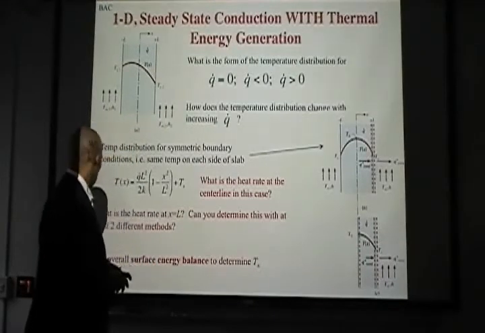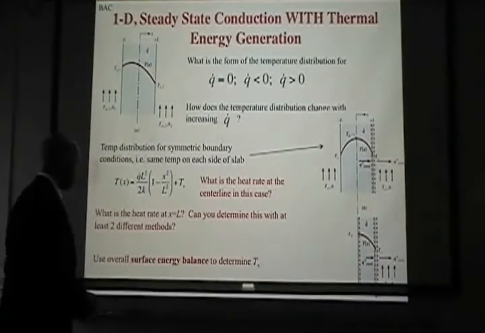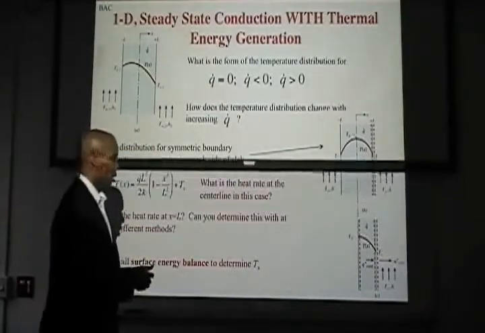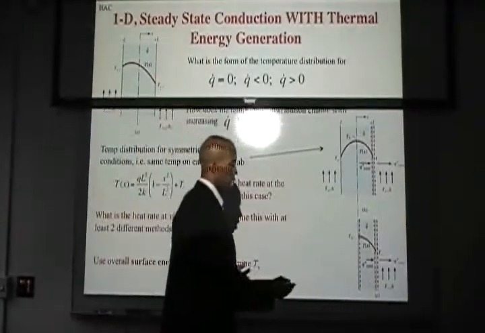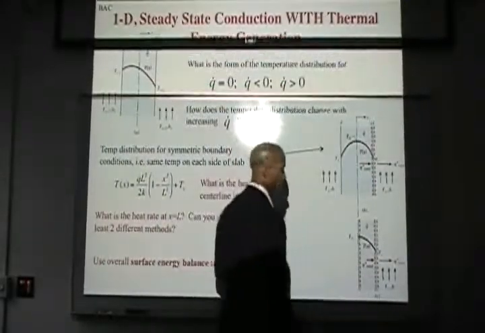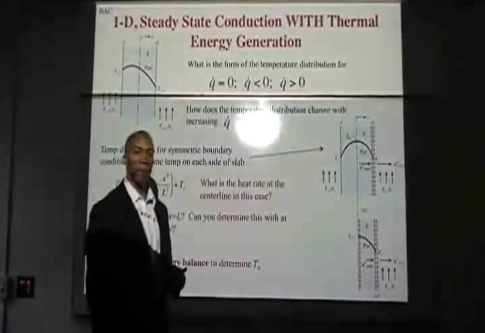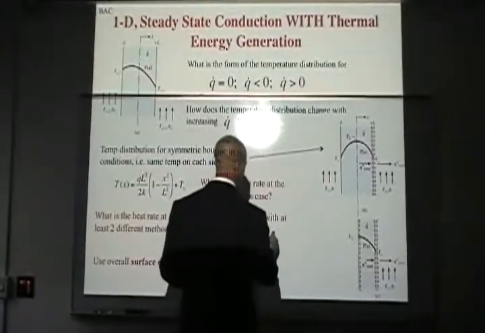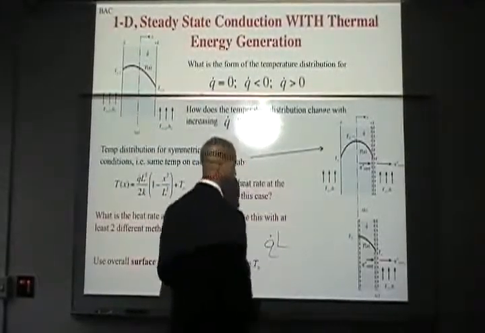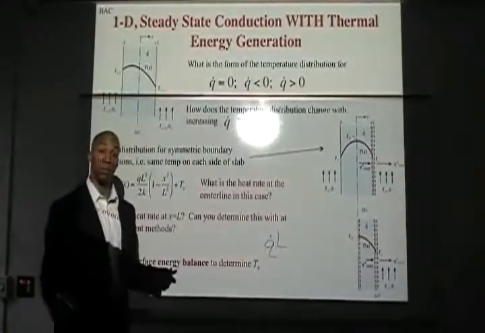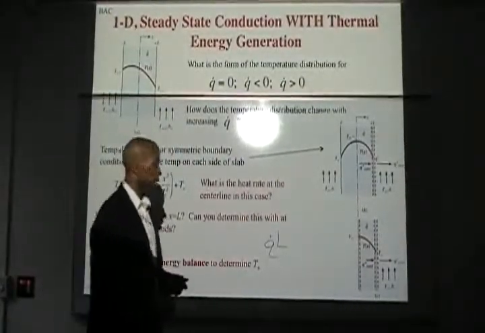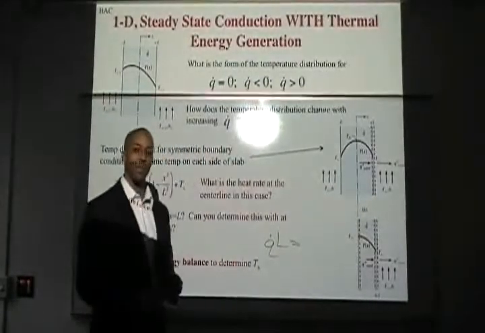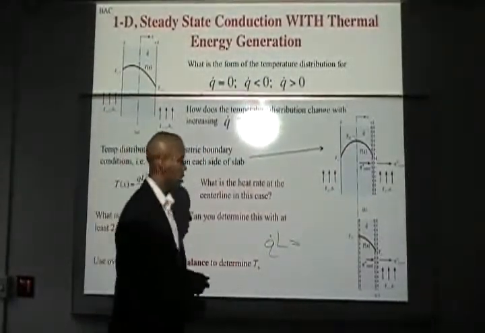And in this case, what we do is we would say that coming into this wall, we have q dot L. We've already determined that. That has to equal the heat that's convected off of the surface.